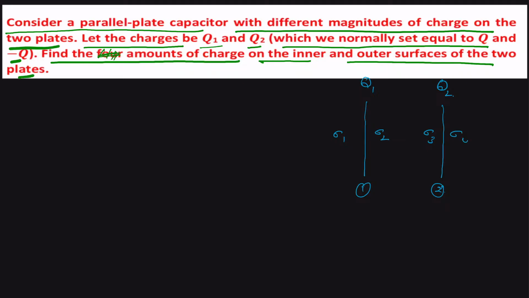Okay, so we assumed there are 4 charge densities, 2 associated with plate number 1 and 2 associated with plate number 2. And both the plates are having area A. Okay, that's not much of discussion there.